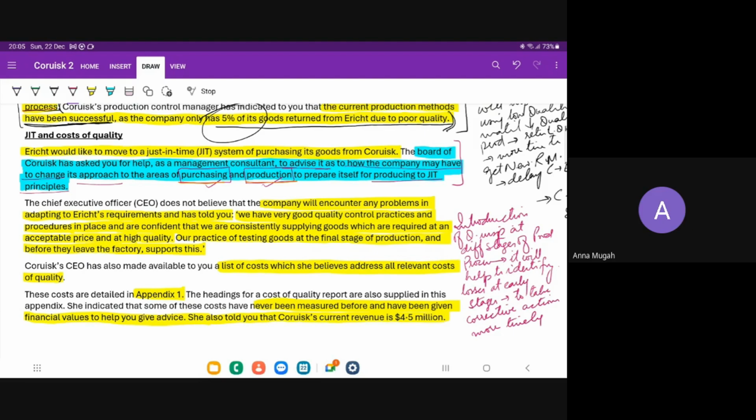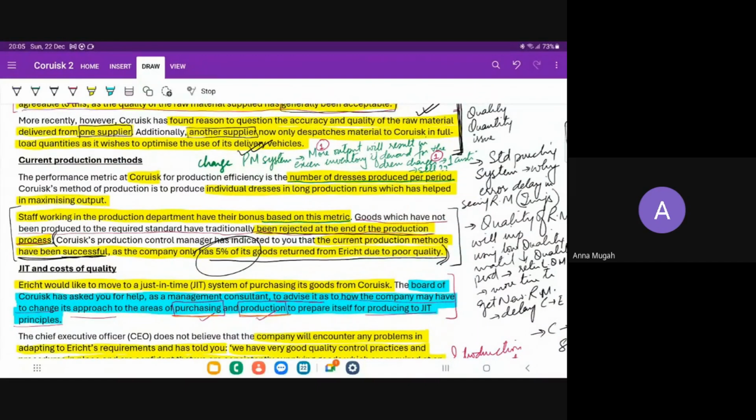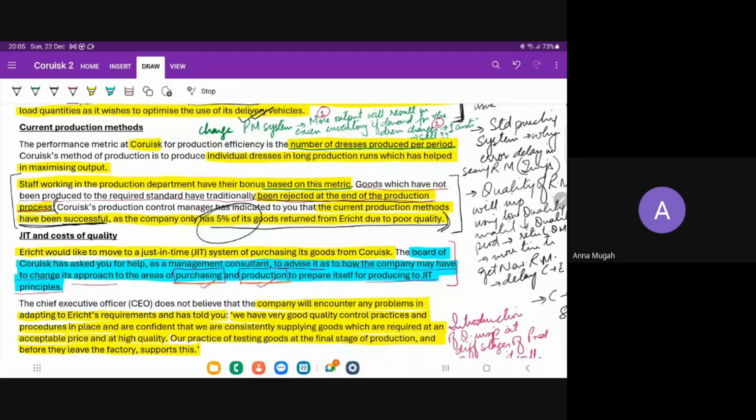Okay, what else do we need to do? We need to control here. Okay, what else do we need to change here? Goods have not been produced. Okay, fine. The production control manager has indicated that the current production method has been successful and the company has only 5% of goods returned due to poor quality.